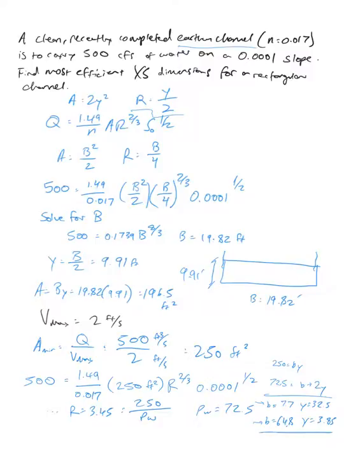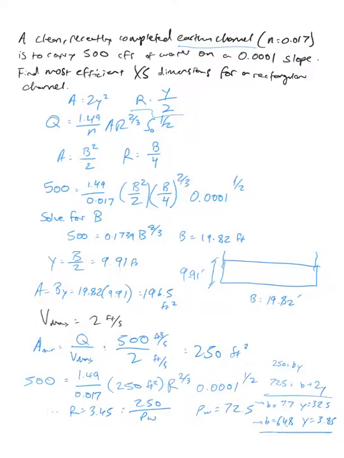One other thing I'll note is that I said earlier that your Q is usually constrained, which it is, and your n, you can choose the material the channel is made out of, but typically it's fairly constrained for the application. The S sub 0, if you need to make a shallower slope, sometimes you can, by, that slope is the fall of the channel over some distance.